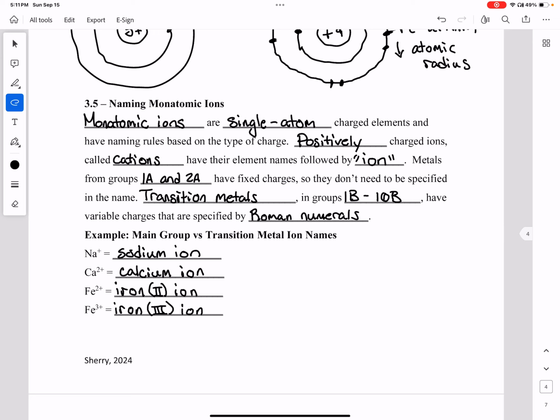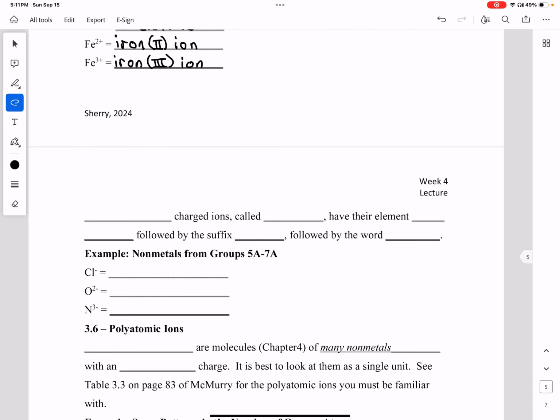Okay. So what about negatively charged ions? Negatively charged ions are called anions. They have their element root name, but they're followed by the suffix "ide" and then followed by the word ion.